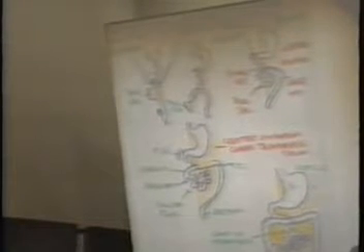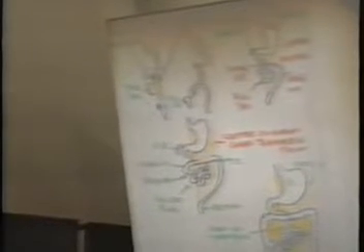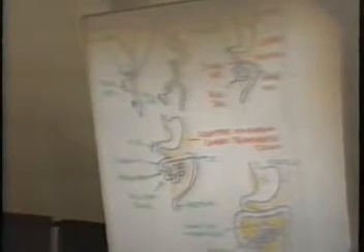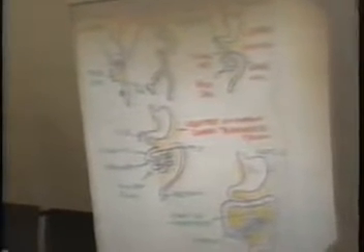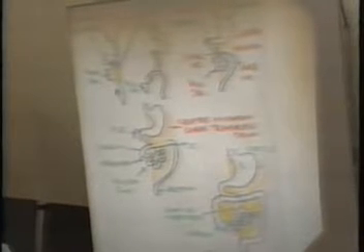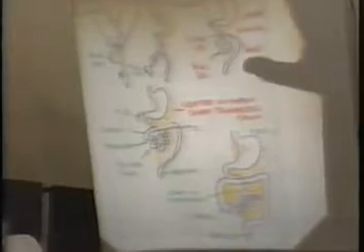Okay, so that picture there, I'm just going to expand on a little bit more. Convoluted because it's increased in length. The only way it can occupy a small space is to become convoluted.